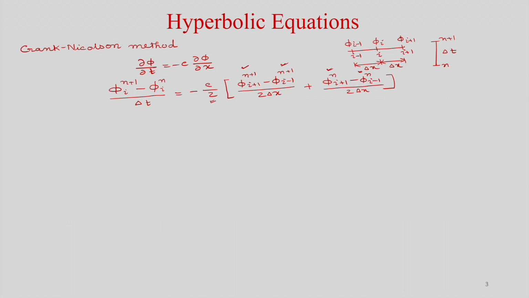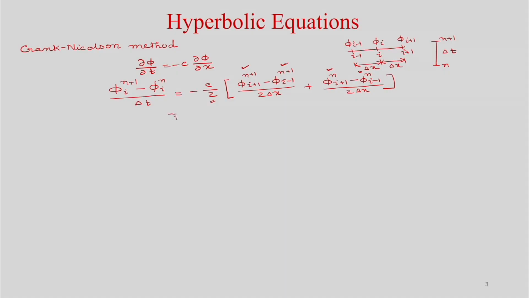If you rearrange it, taking all the n plus 1 time level dependent variables on the left hand side, and define the Courant number lambda is equal to c delta t by delta x, then you can write this equation as phi I n plus 1 minus phi I n is equal to minus lambda by 4, with 2 delta x taken outside, of (phi I plus 1 n plus 1 minus phi I minus 1 n plus 1 plus phi I plus 1 n minus phi I minus 1 n).